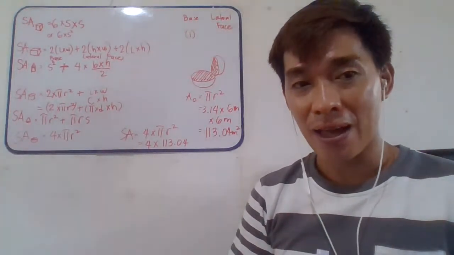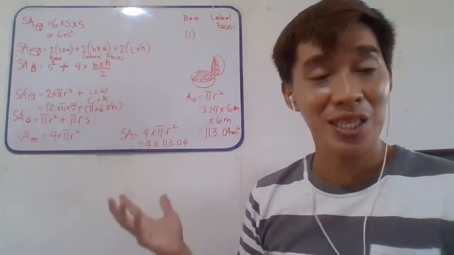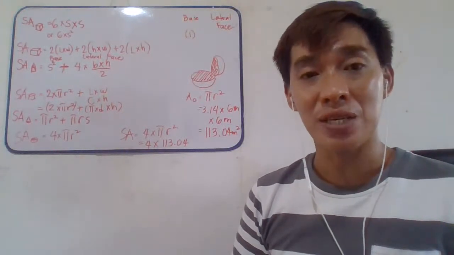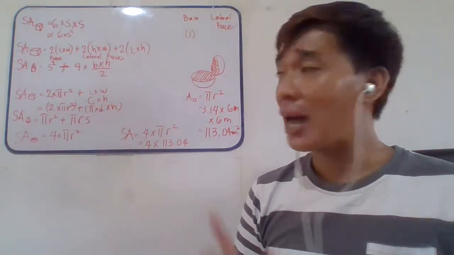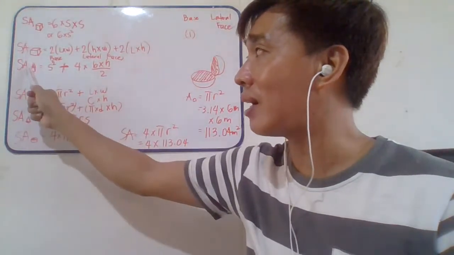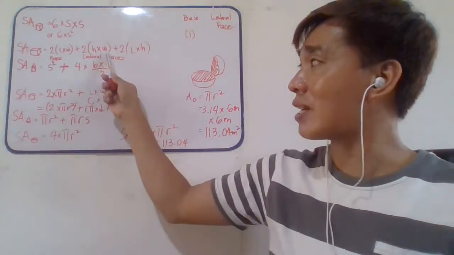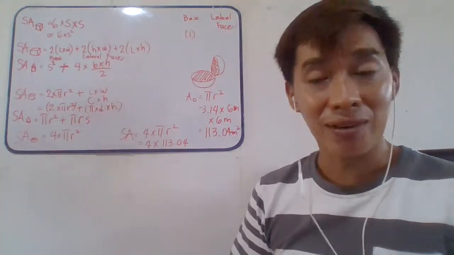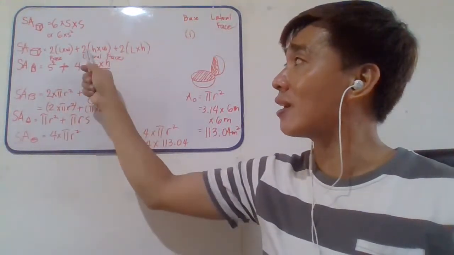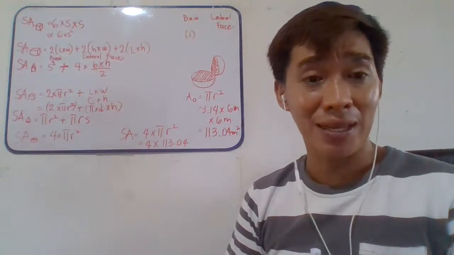In about 46 minutes, I already discussed with you the surface area of the different figures. Hopefully, the most confusing ones are the prism and the pyramid. Remember that for the pyramid, all the lateral faces are triangles. For the prism, all the lateral faces are squares, rectangles, or parallelograms.